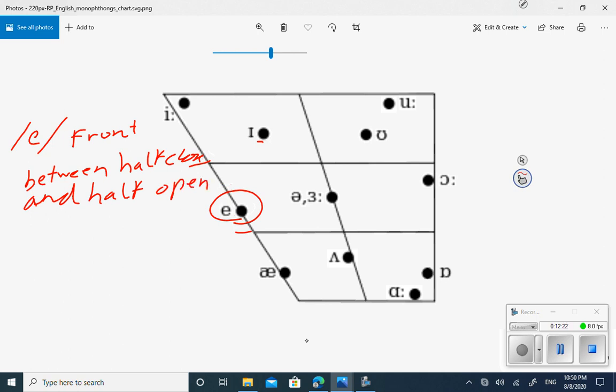Of course, it's short. It is not followed by the colon. How about the lips? They are unrounded. So this is the name of the vowel: front, between half close and half open, short and unrounded. You might find it in words like leg.